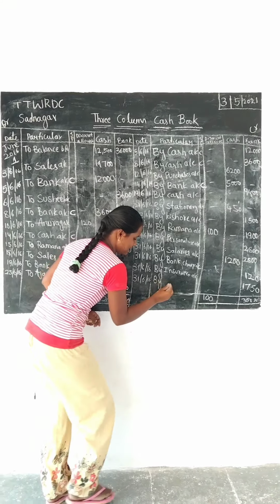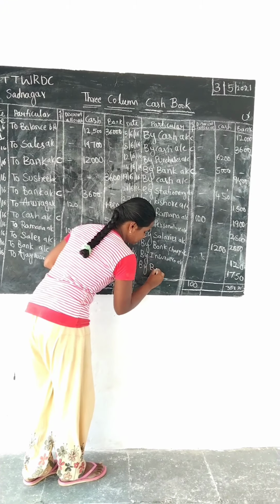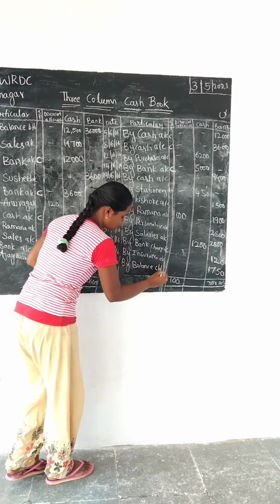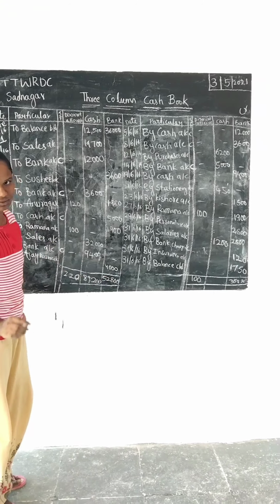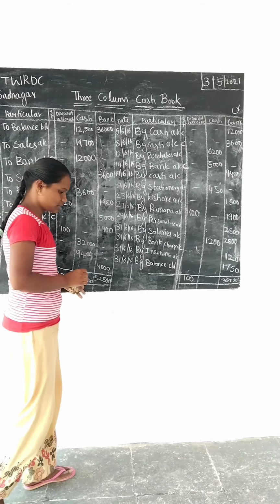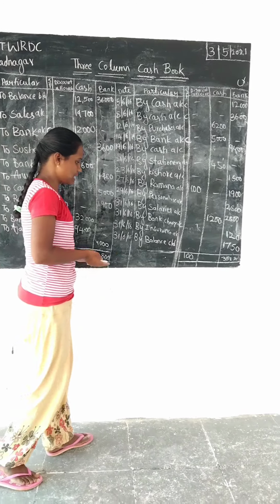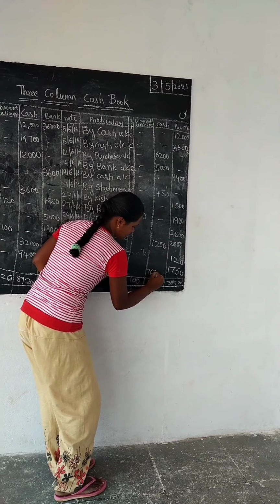By balance carried down, because we are closing the year. Balance carried down. We subtract from this amount 12,850. The amount is 76,350.